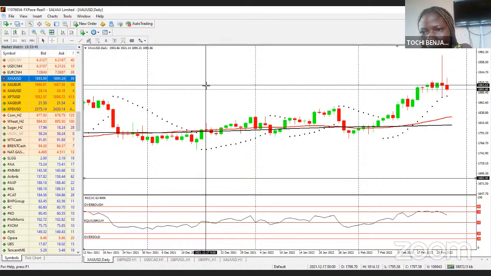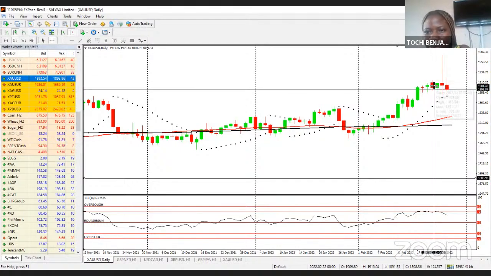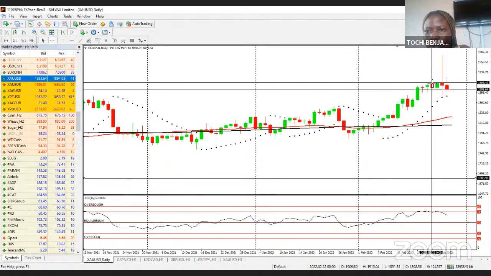It closed at 1902. It closed at 1902. But look at where this one gapped. There's the bearish one now. It gapped up and opened at 1910. That's to tell you there's a gap, right?